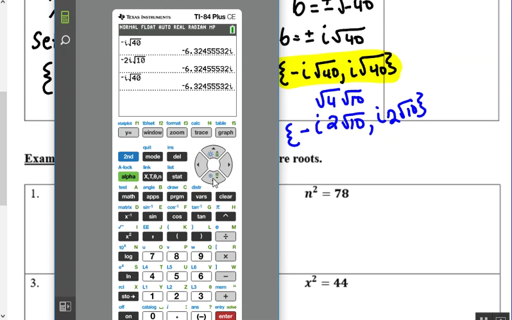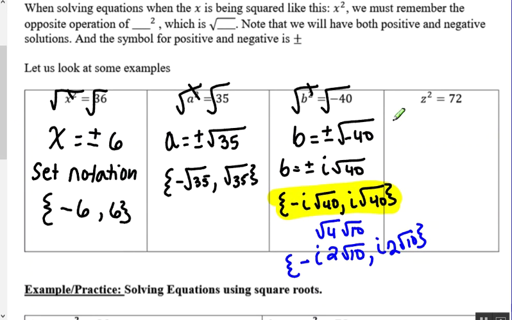Oh, it already did it here. Sorry. I guess I did it in my last class. If you have negative i square root of 40, and then my simplified version here, negative 2i square root of 10, you see how the decimals match? So you can check your answer that way as well. Okay, so I honestly don't feel like you have to simplify it, but just know how to find your answer.